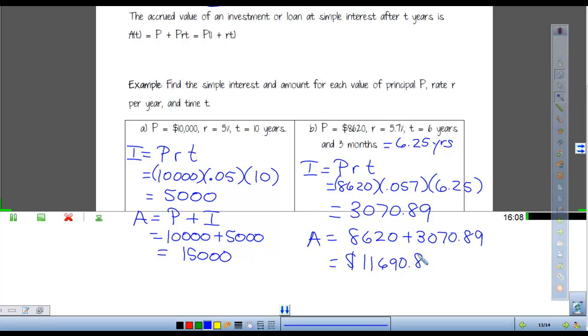This should have been an 88, right? Okay, 88 cents. Okay, very good. Questions about that? Okay, good.